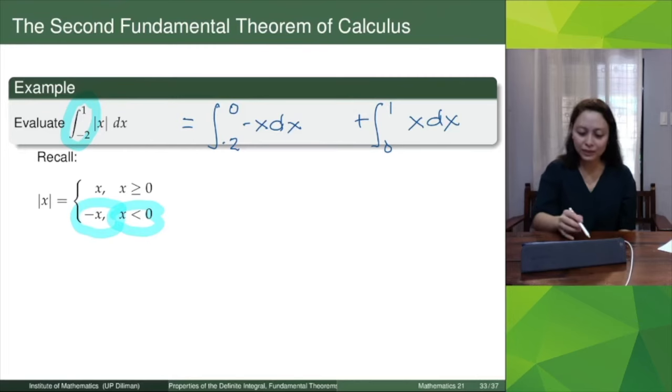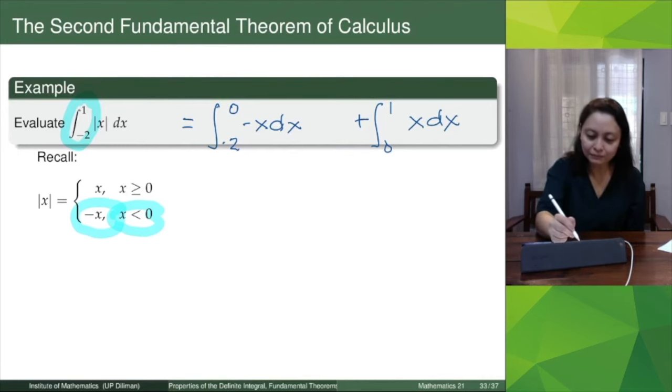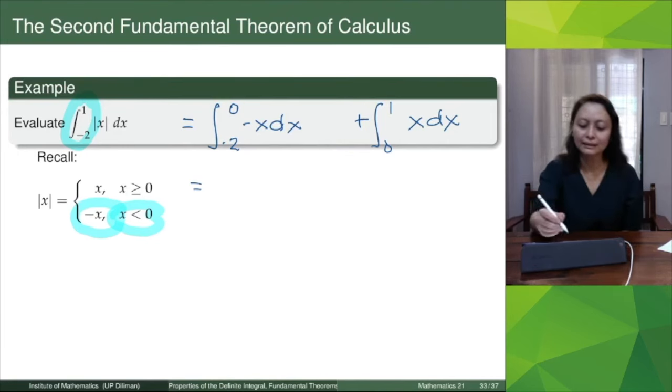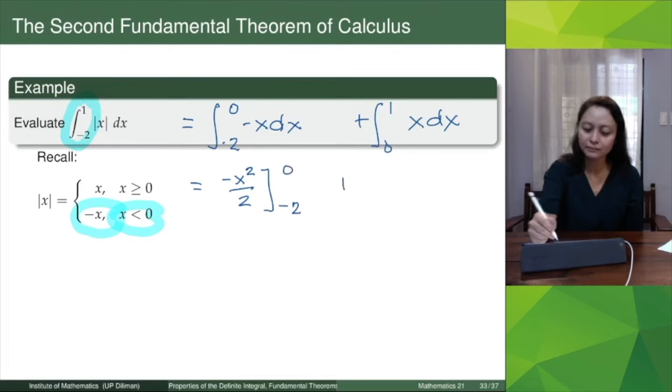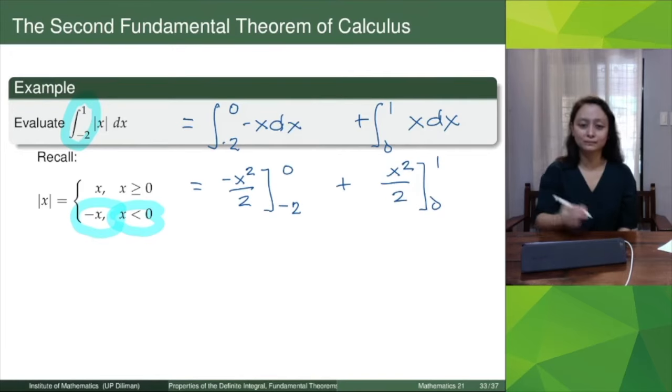Tapos katulad ng ginagawa natin kanina, integral ng negative x ay negative x squared over 2. This will be evaluated from negative 2 to 0. Integral of x is x squared over 2, evaluated from 0 to 1.